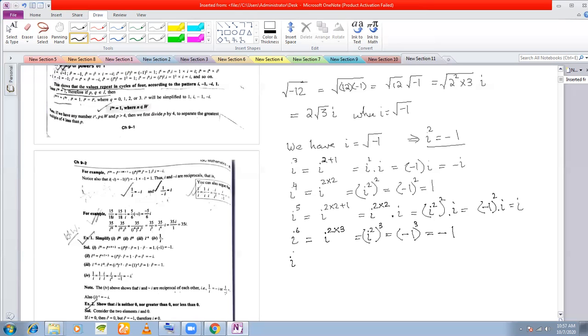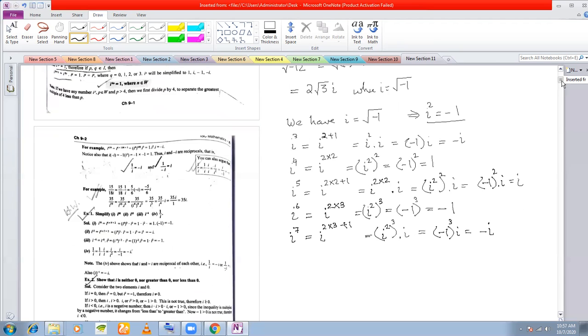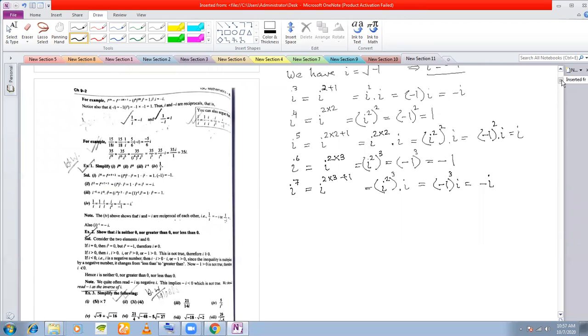Similarly for i to the power of 7, you can write 2 into 3 plus 1. Now this becomes i square cube into i. This becomes minus 1 cube into i. Minus 1 cube is minus 1. Minus 1 into i is minus i. In this way you calculate the higher powers. Any power in fact you can calculate. We'll see when we do problems how to calculate further powers of i.